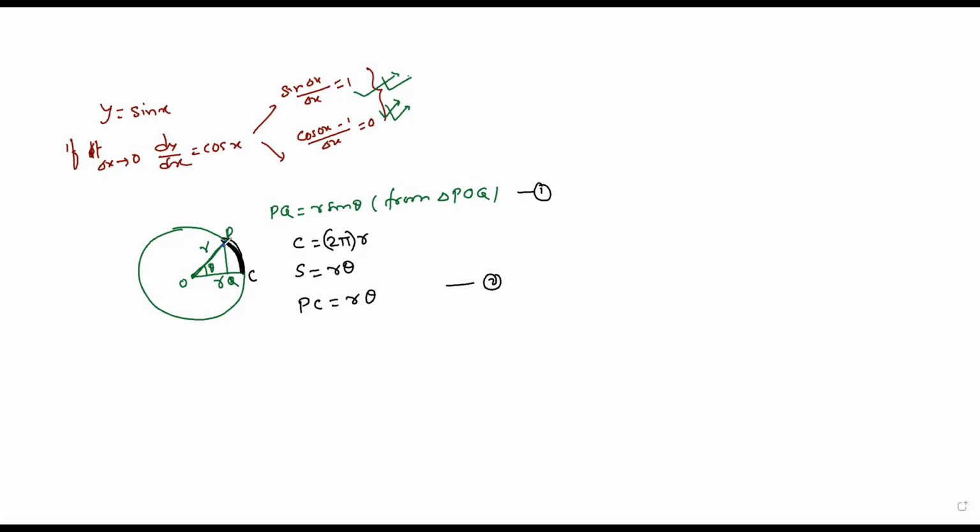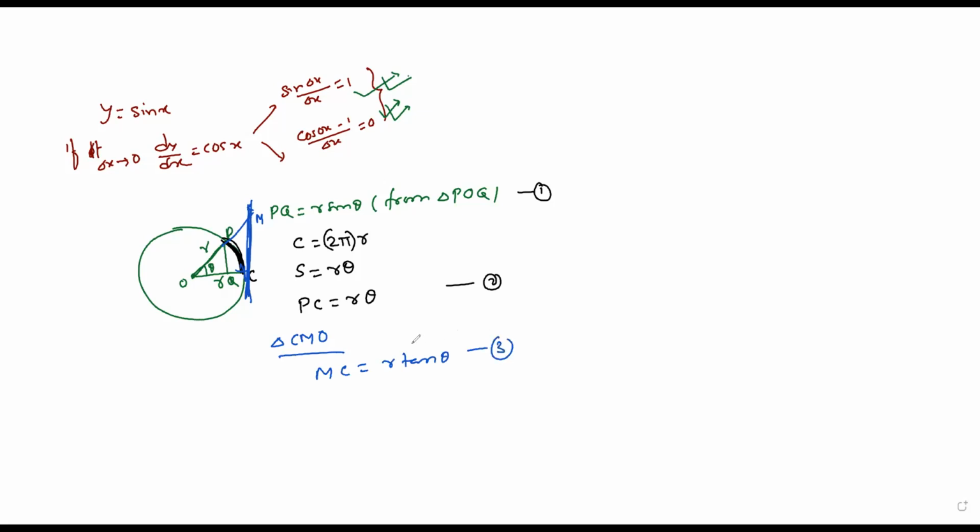Now, if we extend this and draw a tangent at point C, and if this is M, then from triangle CMO, we can write MC equal to r tan theta.